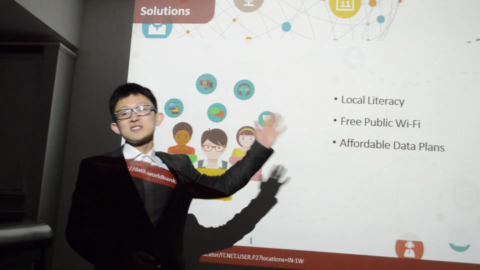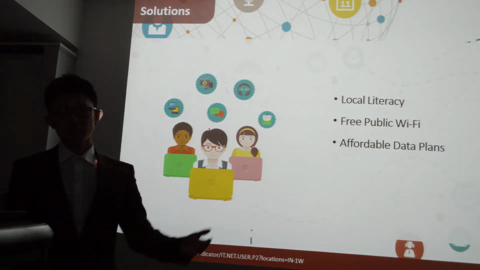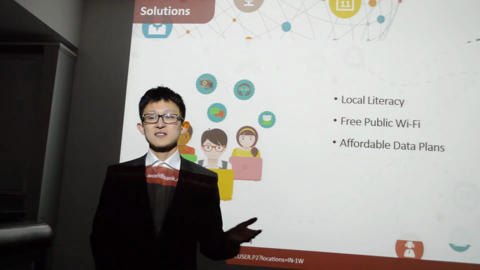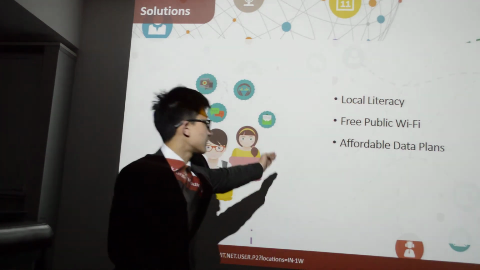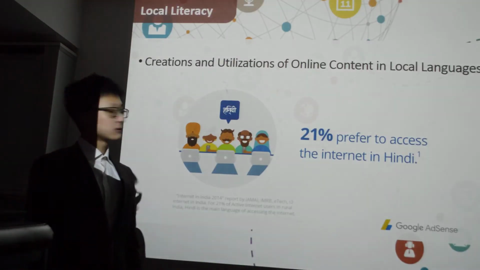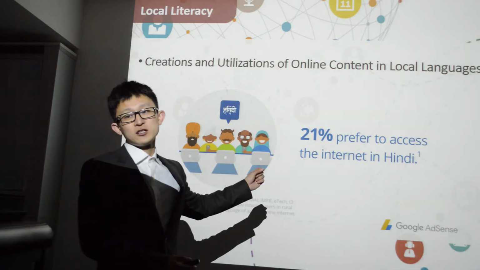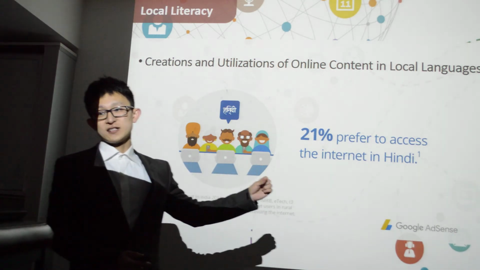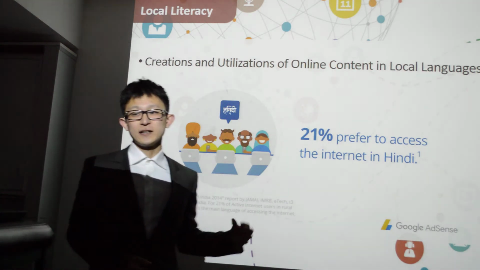After analyzing these countries, our group proposed 3 strategies to increase the internet access rate, which are local literacy, free public Wi-Fi, and affordable data plans. Firstly, creations and utilizations can help people with low literacy or semi-literacy in rural areas get access to internet information.